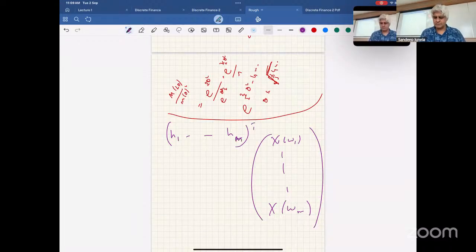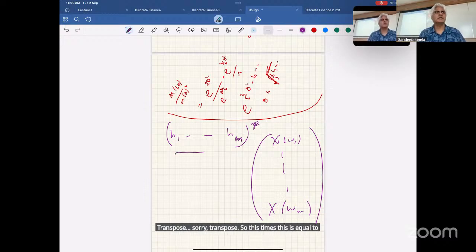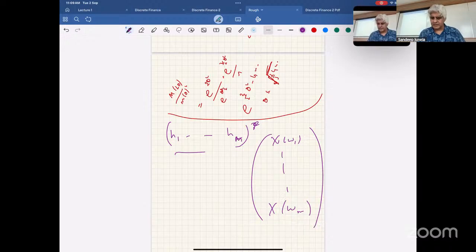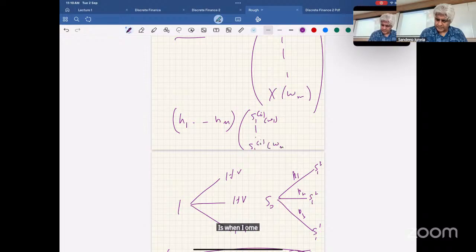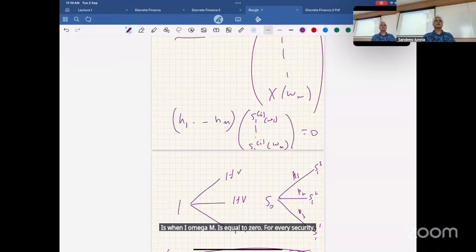This times this is strictly positive. But I've also told you that H times any security, S1i omega 1 through S1i omega M, is equal to 0 for every security.